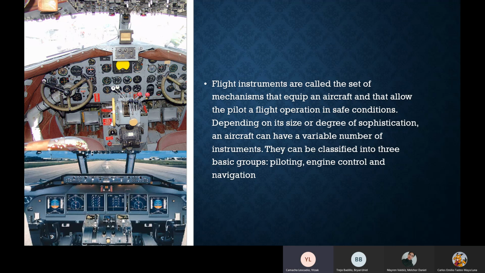Depending on its size or degree of sophistication, an aircraft can have a variable number of instruments. They can be classified into three basic groups: piloting, engine control, and navigation.